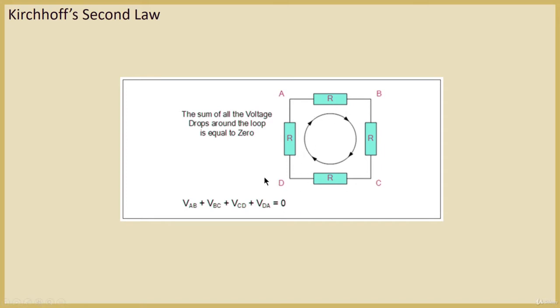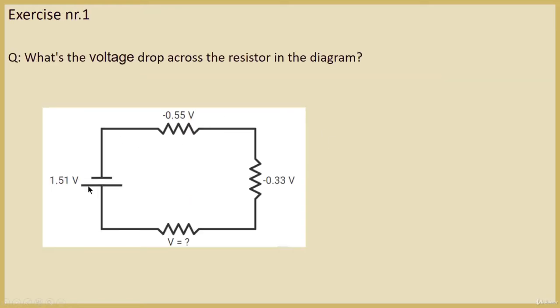So let's do some exercises in order to understand this Kirchhoff's second law better. We have this circuit here, and we have to find out the voltage drop across this particular resistor. The other voltage drops are already known: the voltage drop across the battery is 1.51, across this resistance is minus 0.55 volts, and across this resistance is minus 0.33.